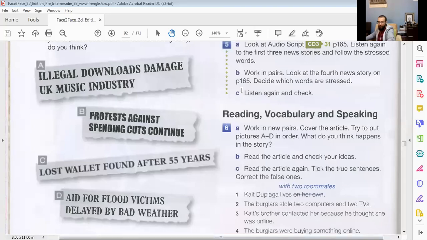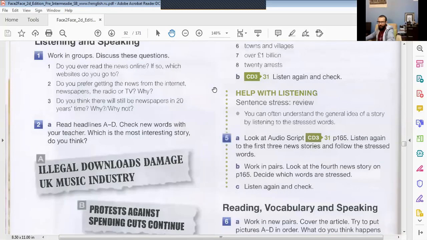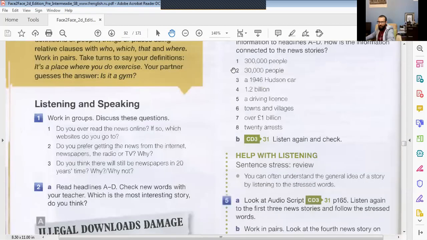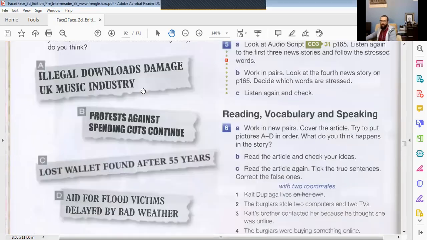So let's write B. And what about the other number, 30,000 people? What does it refer to? Which headline do you think? Maybe D. Okay, let's write D.